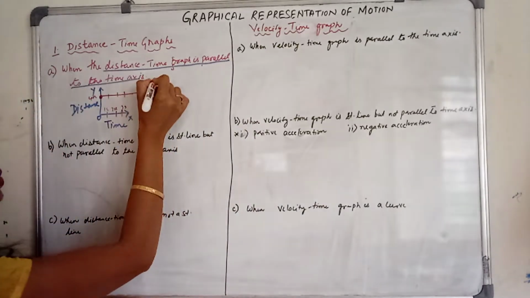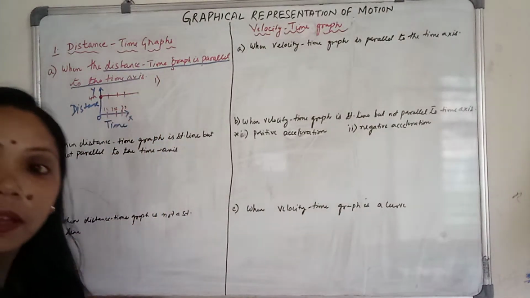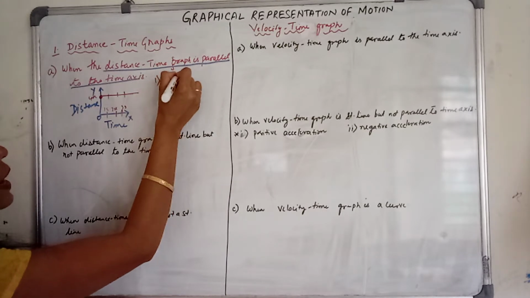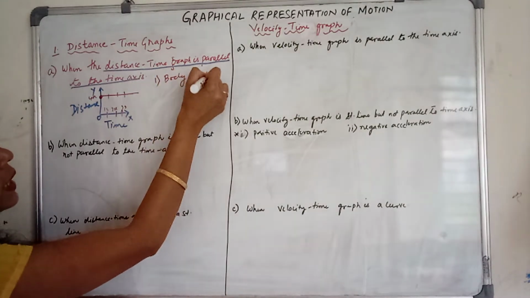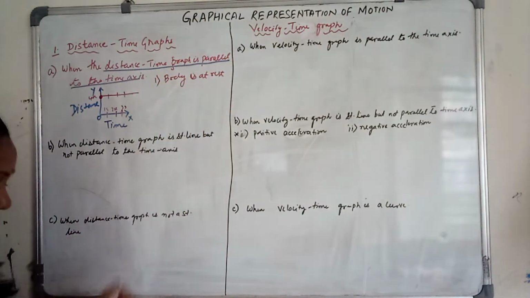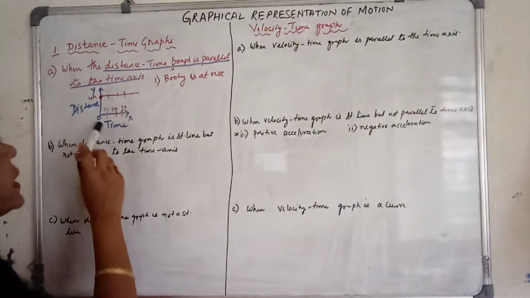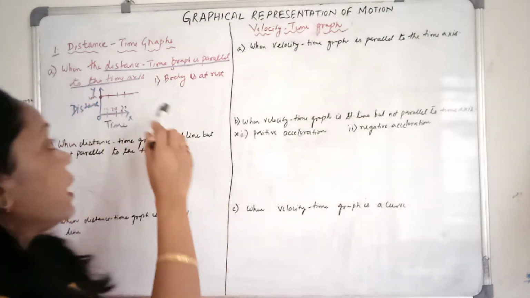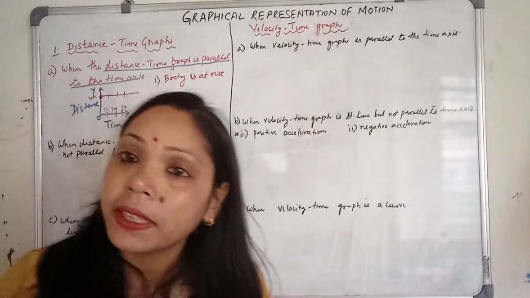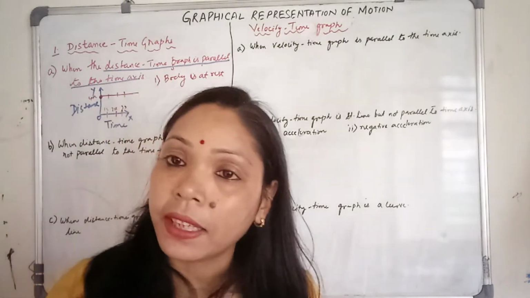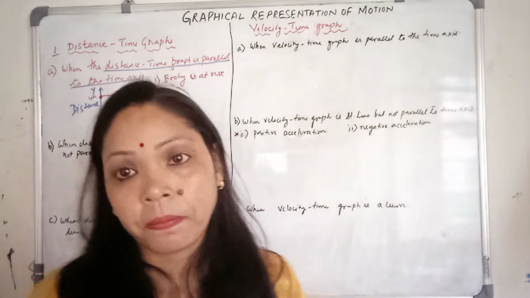Yes, the first conclusion which can be drawn from the graph is the body is at rest. So whenever in the distance time graph the line is parallel to the time axis, it means the body is at rest.